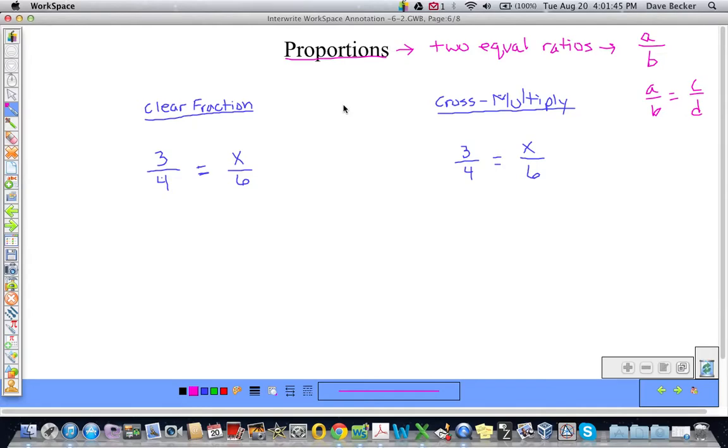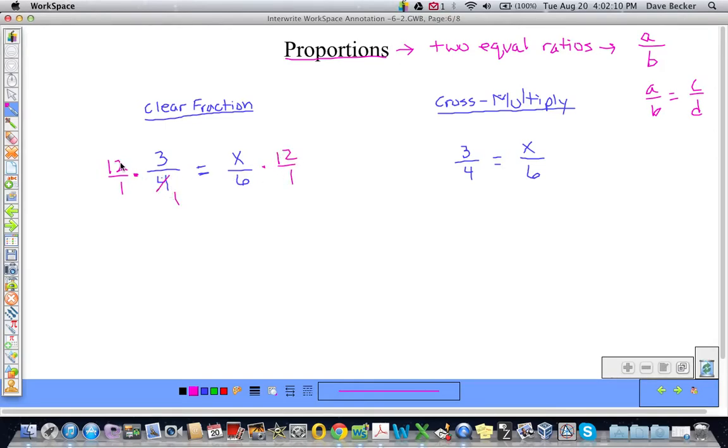And we can solve proportions in two ways. You're probably more familiar with cross multiplication, but I just wanted to show you that cross multiplication really comes from clearing the fraction and then solving. So we look for a common denominator, and with 4 and 6, that's going to be a 12. So I'm going to multiply both sides by 12 over 1.